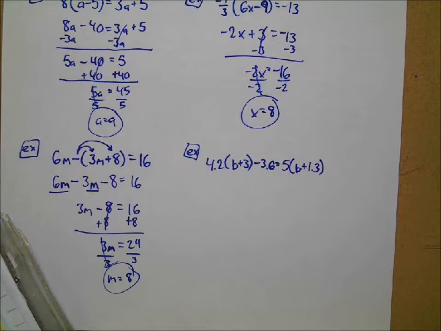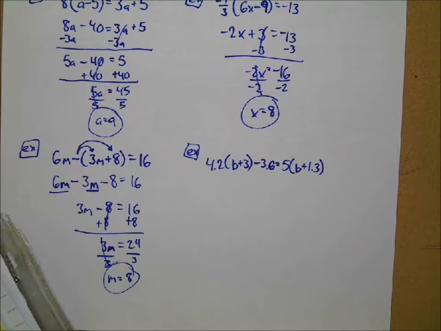So we have 4.2 b plus 9 on this side, equals 5 times b plus 1.3, which is 5b plus 6.5. Now we want to get rid of one of these b's. If we subtract 4.2 b from both sides, 5 minus 4.2 is going to be 0.8.